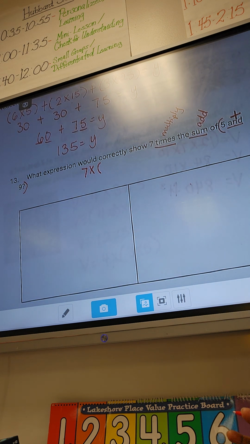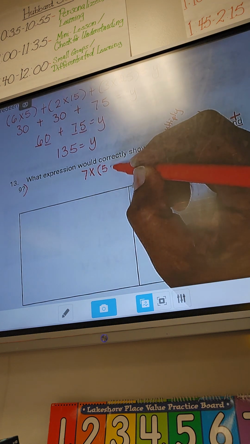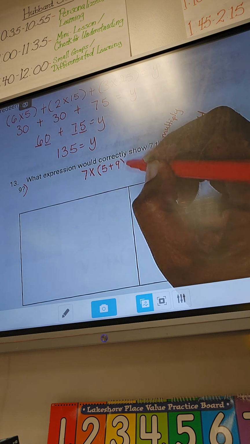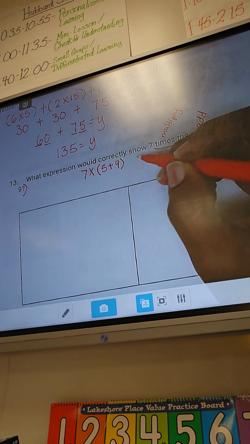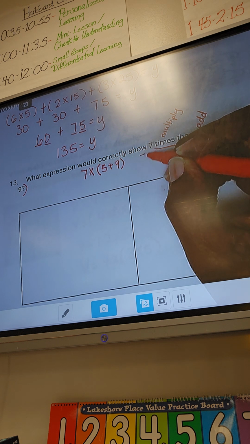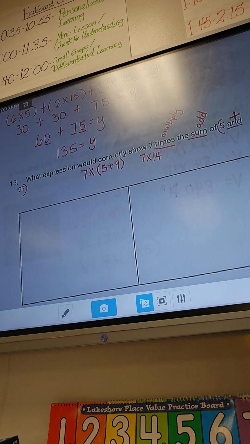So adding and multiplying, you want to put the addition inside of your parenthesis because it's telling you those two go together. That's why it says 5 and 9, because they go together. So 7 times, what is 5 plus 9? 7 times 14.